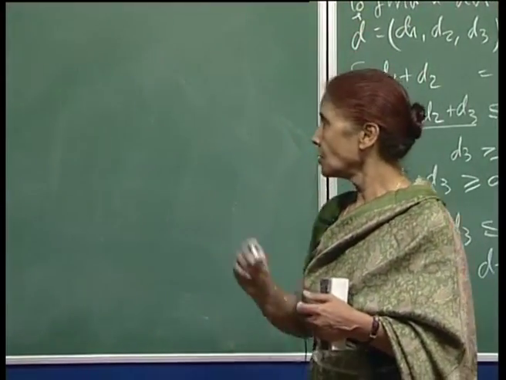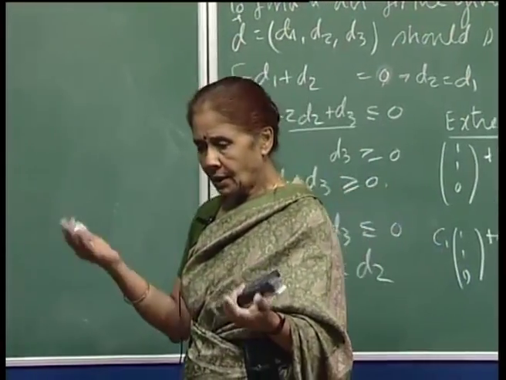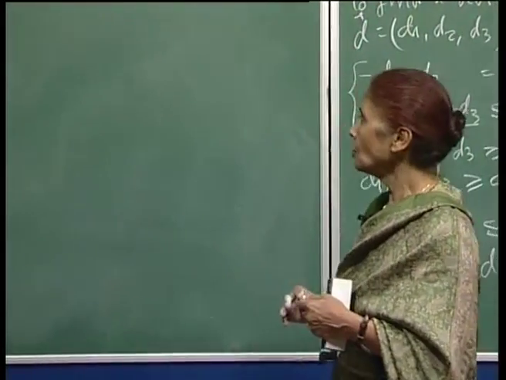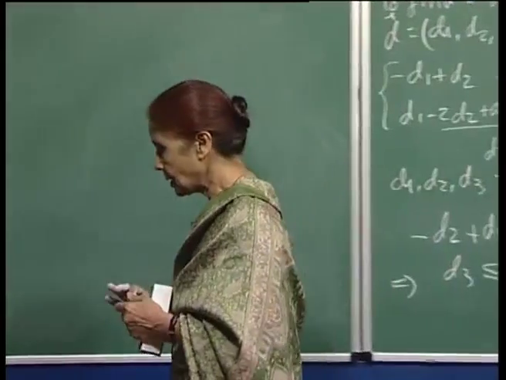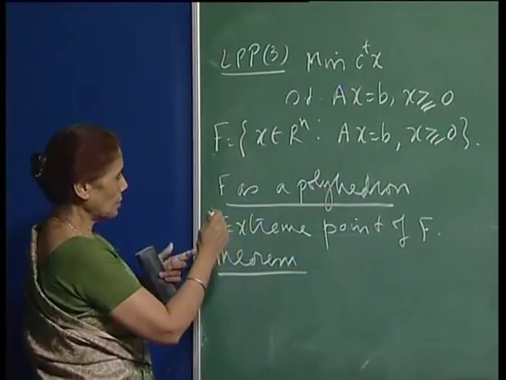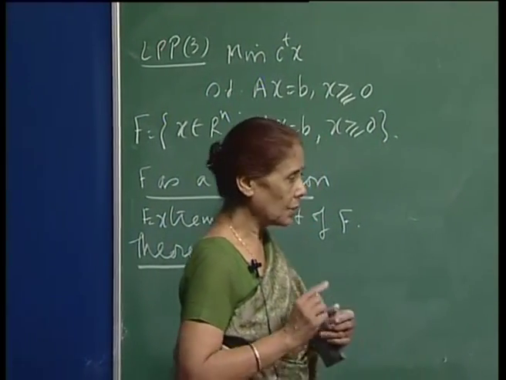So, the dimension of F as a polyhedron is n minus m, and so one can have a representation for F in which you only require n minus m variables, but we are not discussing that here. My basic idea is that we want to show you that this concept of a basic feasible solution and an extreme point are one and the same.